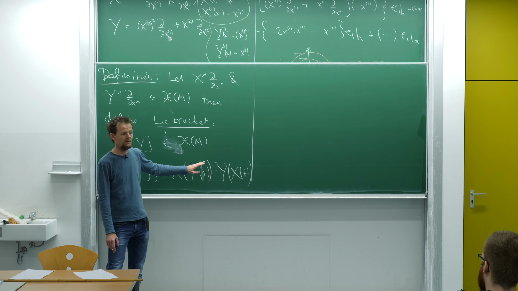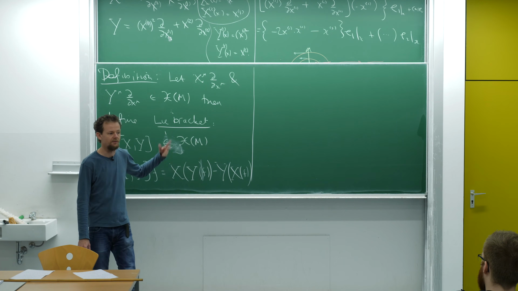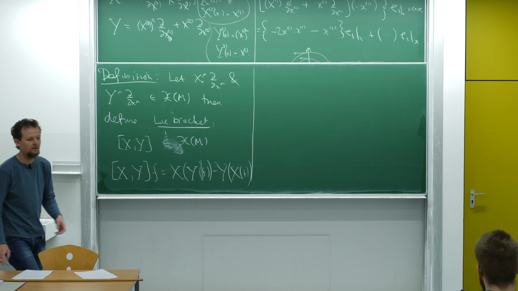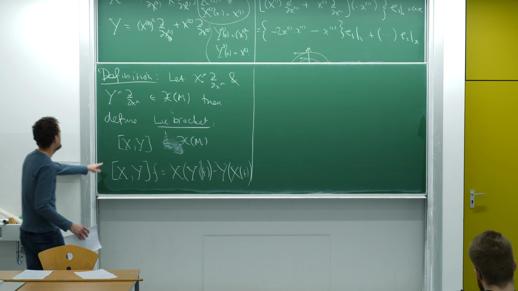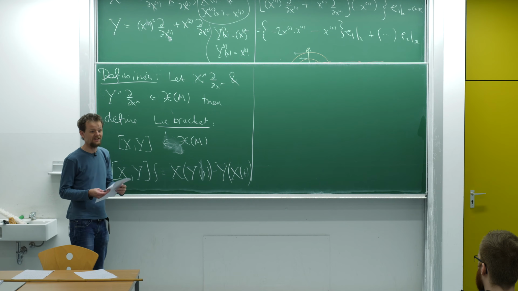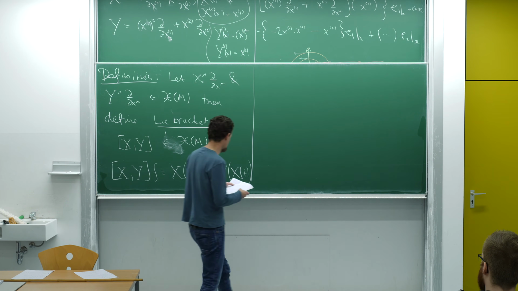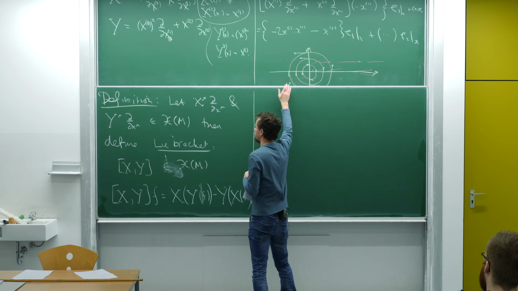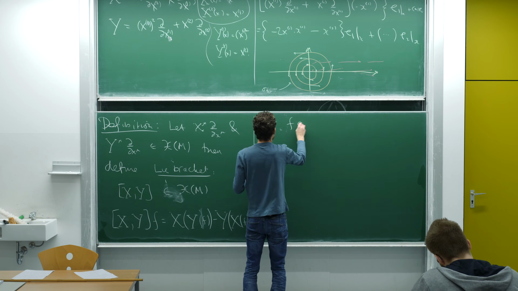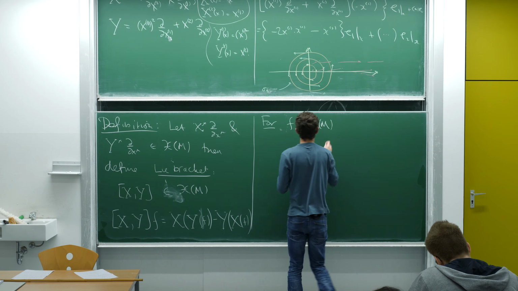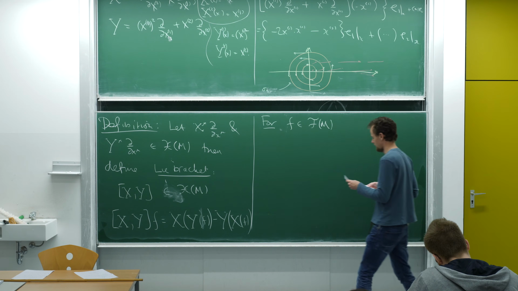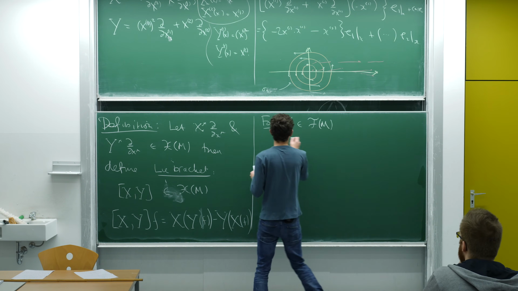The second order derivatives are going to cancel, so we're going to be left with a first order differential operator, thus justifying that statement here, that it's in the vector fields on M. But let's actually prove that. If we have some function on the manifold, let's work out the right-hand side of the Lie bracket and see what we get, and then we'll get something very interesting.